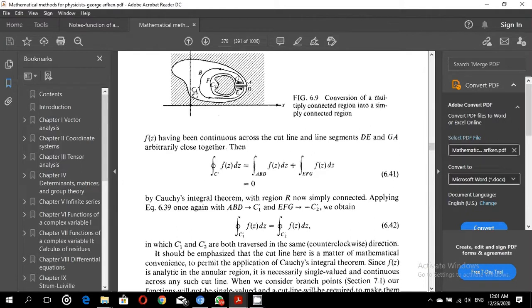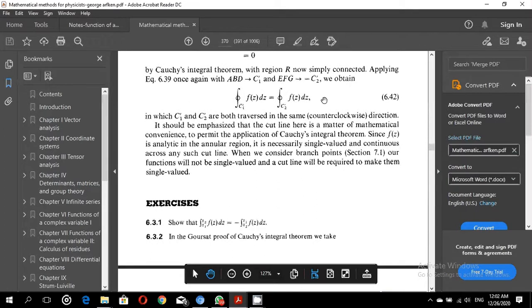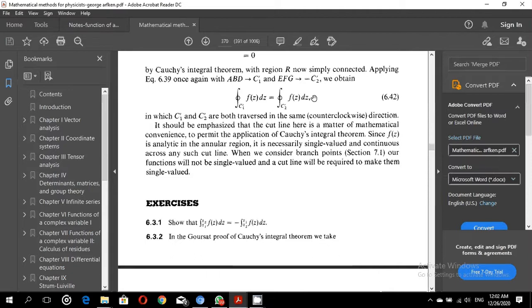So we will have the integral over C1 dash minus the integral over C2 dash. If we take it as negative, it means C2 dash is also being taken along the anti-clockwise direction. So we end up with equation 6.42. These two integrals are then equal, and this is the Cauchy integral theorem as applied to the multiply connected region.